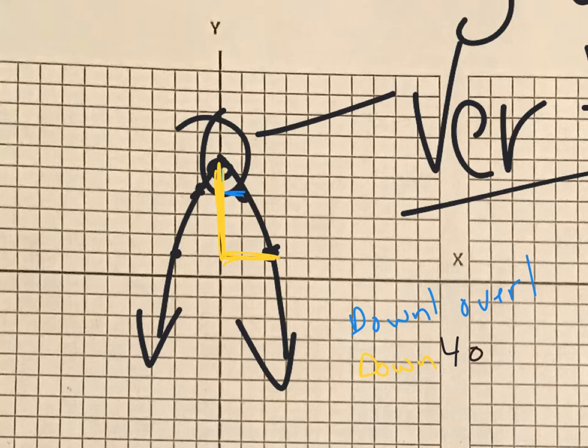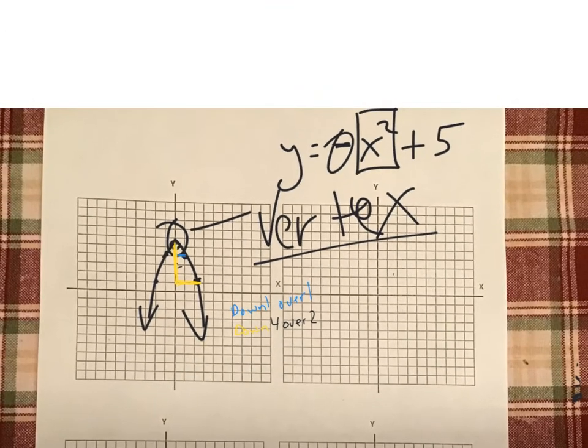Down 4 and over 2, didn't we? Okay, does that make sense? Is that the same thing that happened on the last one? Just a second here. So, where was our vertex? Was this our vertex? We were at 5, weren't we? We were up at 5.